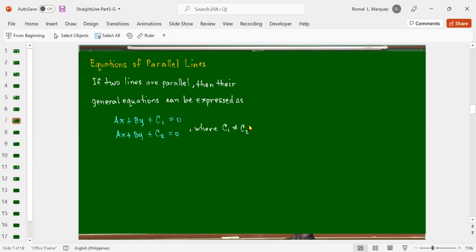So you can express the equations of two lines that are parallel as having the same coefficients for x and the same coefficients for y, but they differ in their constants.